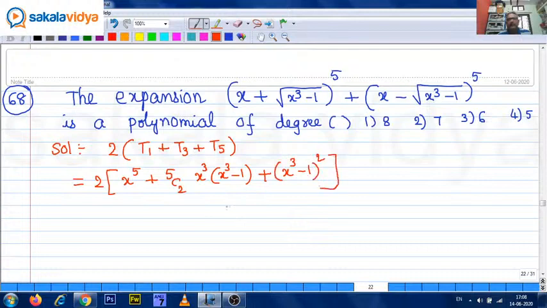See, here x cube into x cube is x power 6, x cube whole square also x power 6. Therefore degree equals 6. That means the third option is the right option.